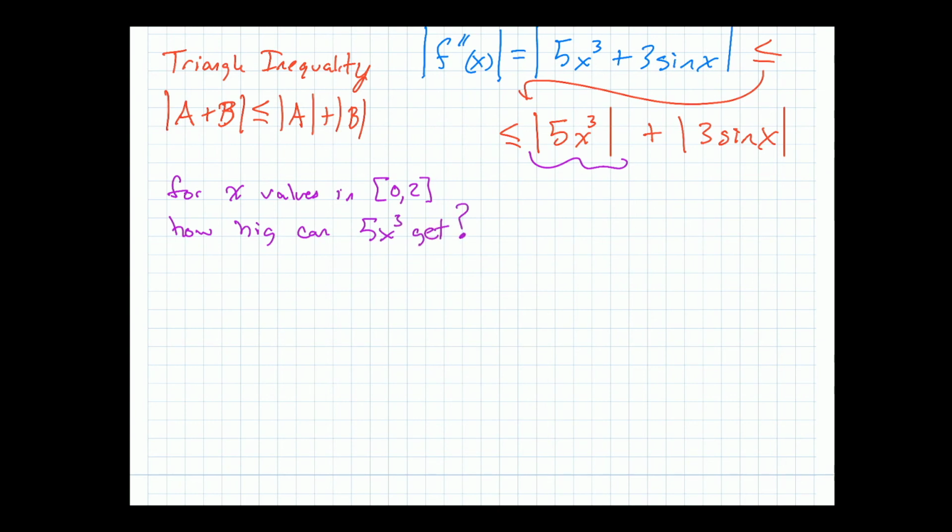That's all you're asking yourself. It's not a hard question, right? In between 0 and 2, how big could 5x cubed get? Well, the biggest it's going to be is when you plug in the 2, right? The answer is 5 times 2 cubed. 2 cubed is 8, 8 times 5 is 40. That's how big it could get.